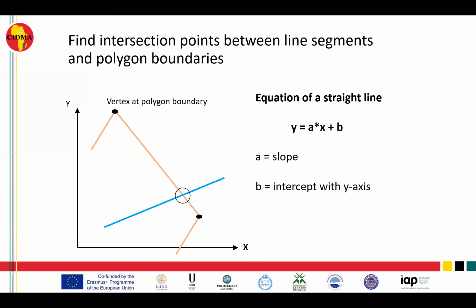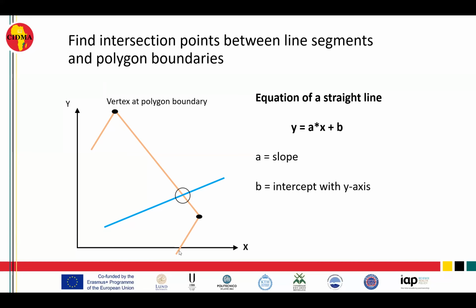The program will need to calculate the equation of each of the lines. So the line going from this coordinate pair to this coordinate pair does have an equation of the direction it goes.